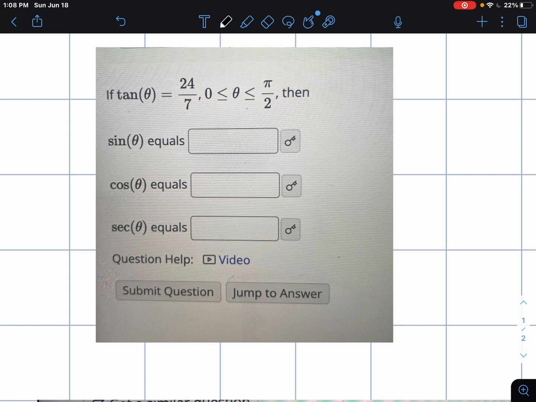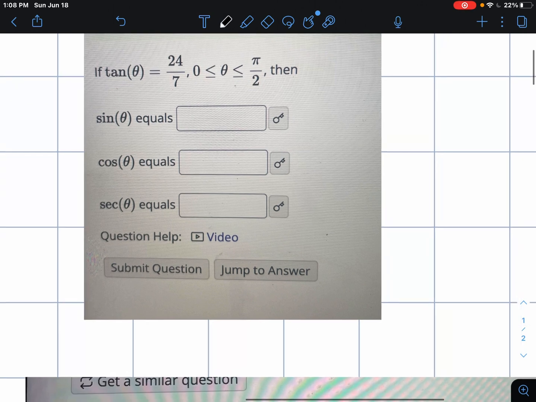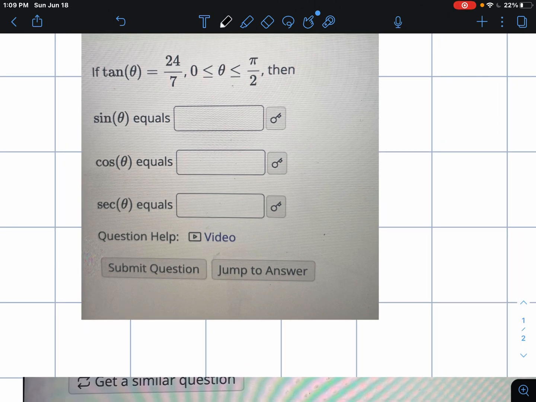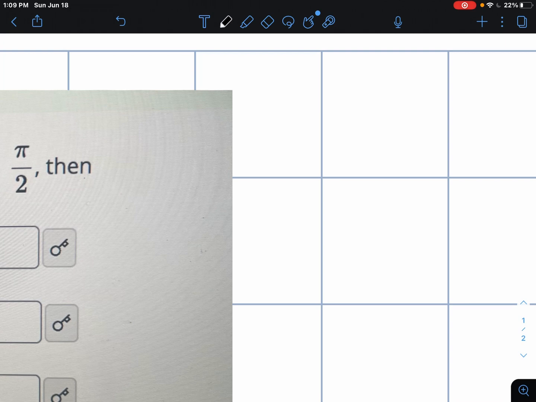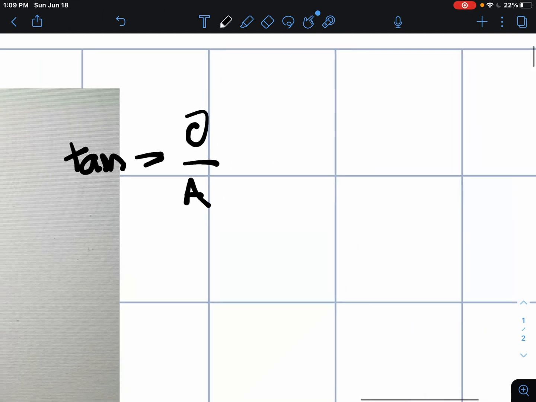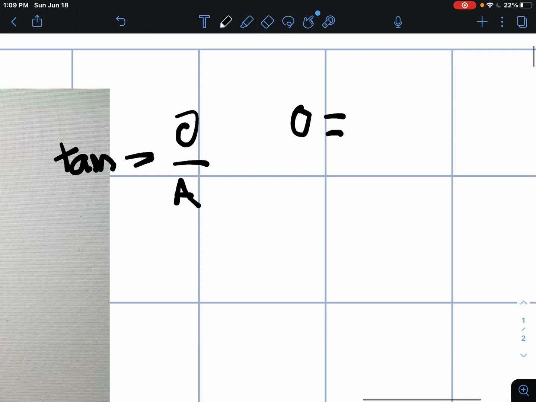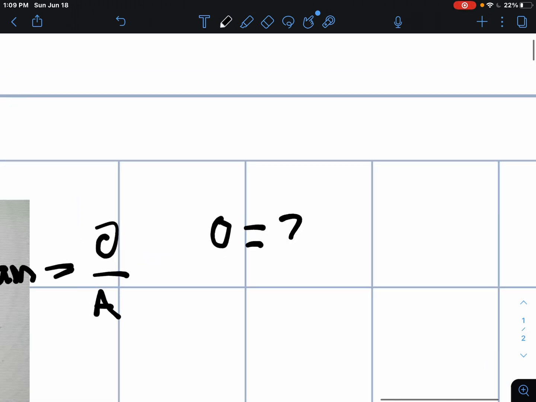So, if tangent of theta equals 24/7, we just have to figure out the following functions. Tangent equals opposite over adjacent. So I already know that opposite equals 24 and adjacent equals 7.